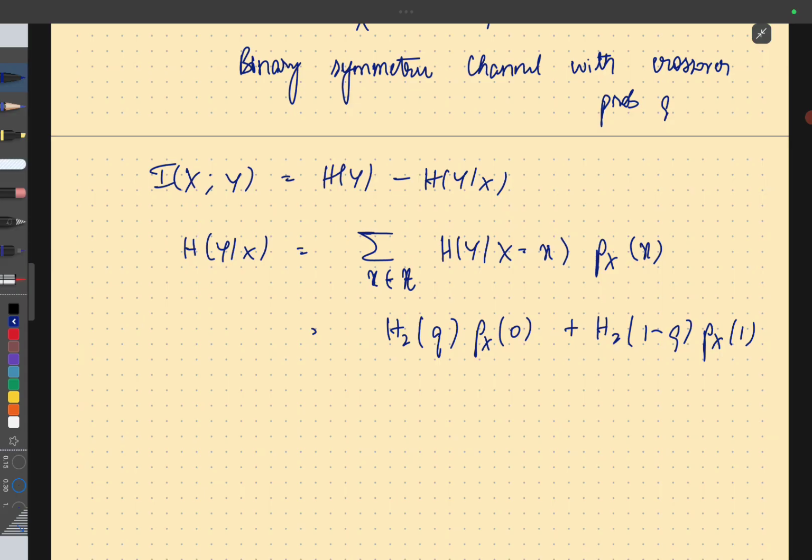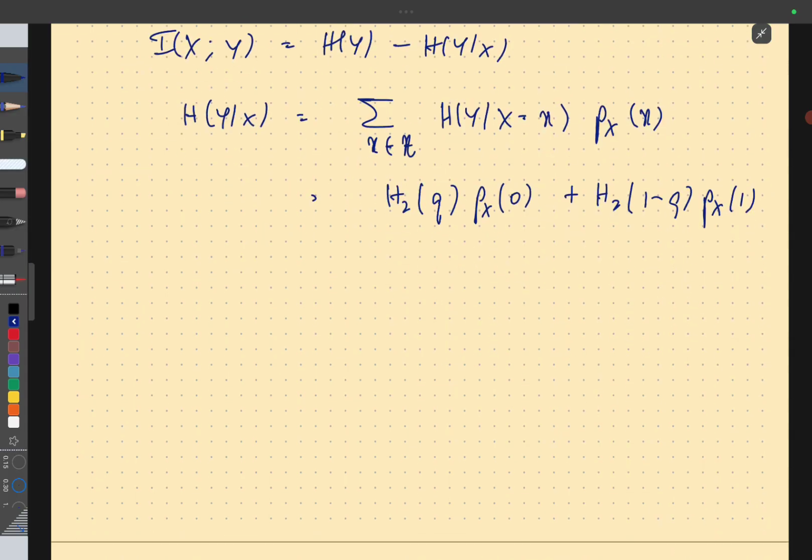But we know that Bernoulli(1 minus q) is equal to Bernoulli(q) in terms of entropy, right? Because what is Bernoulli(q) or Bernoulli(1 minus q)?